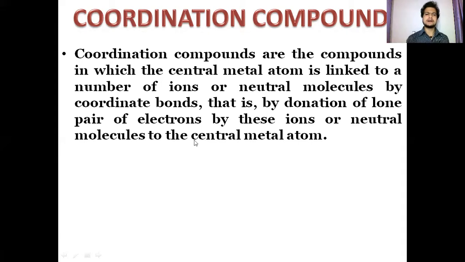One very common example, just to explain it to you, is this particular complex, let's say Cu(NH3)4 2+. In this, the copper is nothing but the central metal atom, which is accepting the electron pair from these groups.